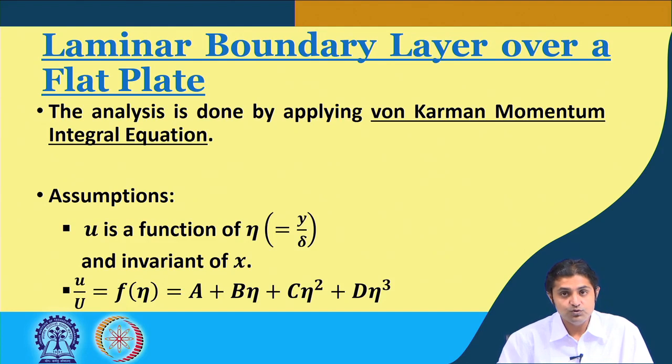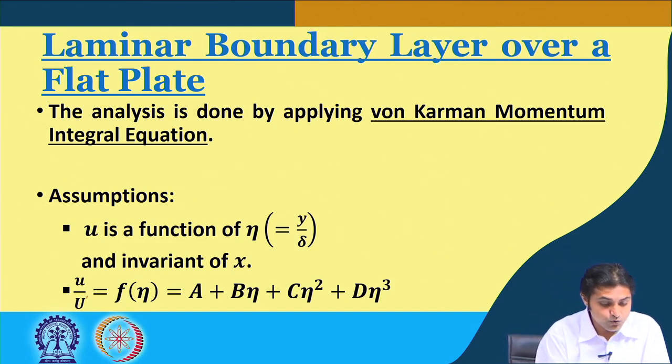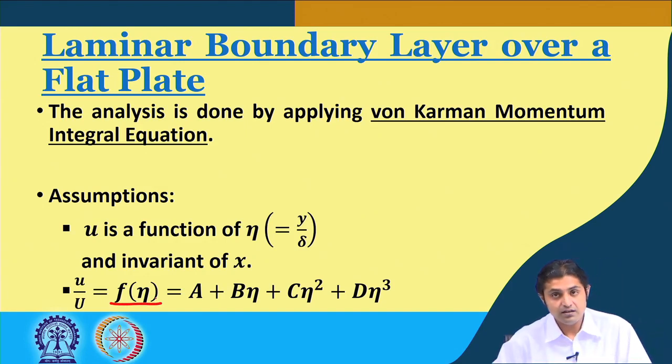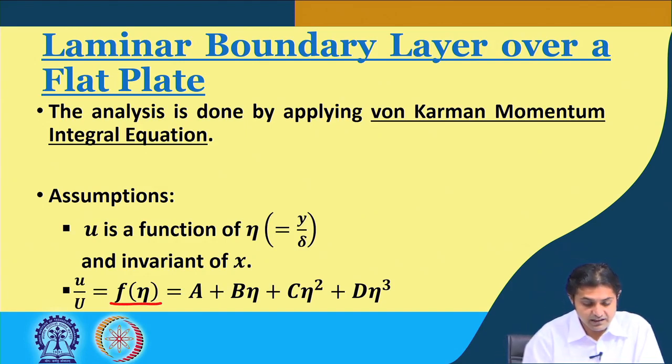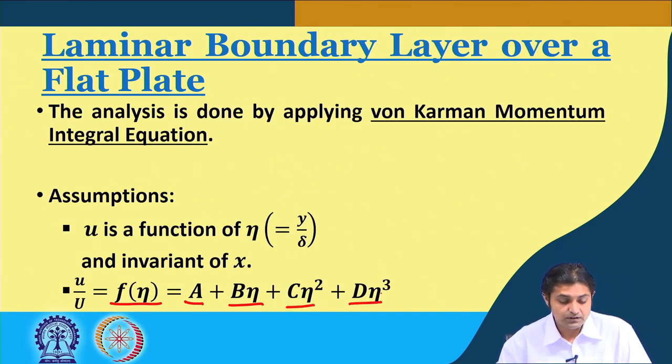So what we do is we assume that u by capital U is a function of eta, and this is written as a plus b eta plus c eta square plus d eta cube. So how do we approach this problem? How many terms are there? 4 terms.